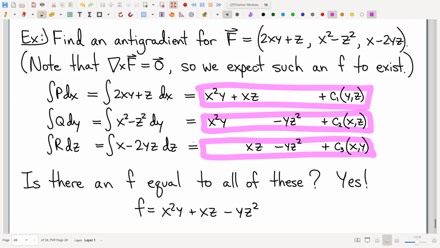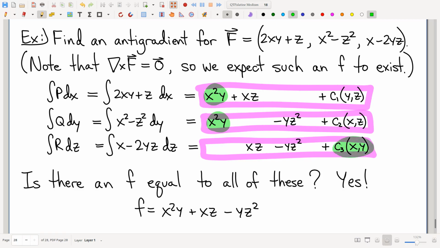Now, easy mistake to make. A lot of students will look at this and say, oh yeah, they're clearly different. Check it out. Look at the x squared y term. There's no x squared y term down here. So they're obviously different. We lose, can't find an anti-gradient. Game over. And that's a mistake. Because that x squared y that seems to be missing there, that could be what this is.